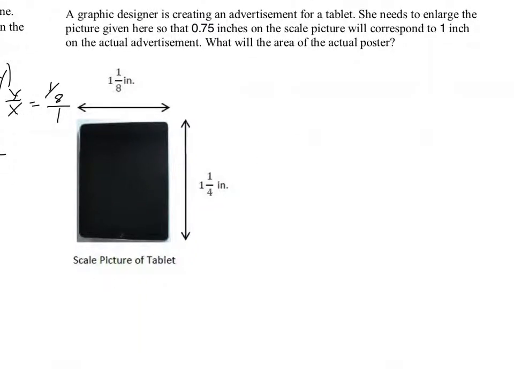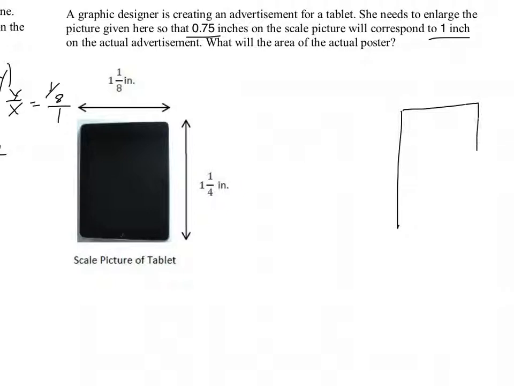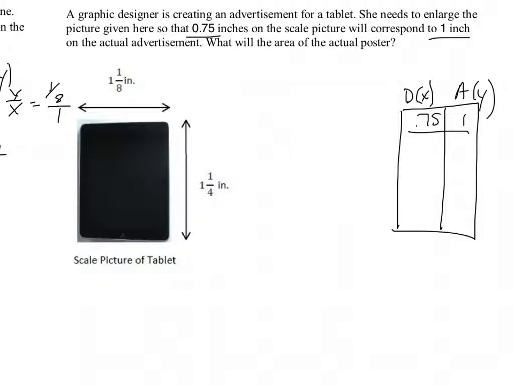All right, and finally, we have a graphic designer who is making this advertisement. We want to know the area of the actual poster. It's 0.75 to 1 is my scale. So this is the drawing x, and we want to know the actuals y, so we can calculate the area of the poster. It's 0.75 to 1.